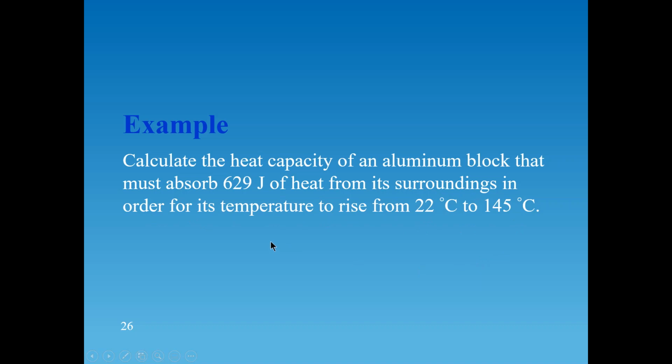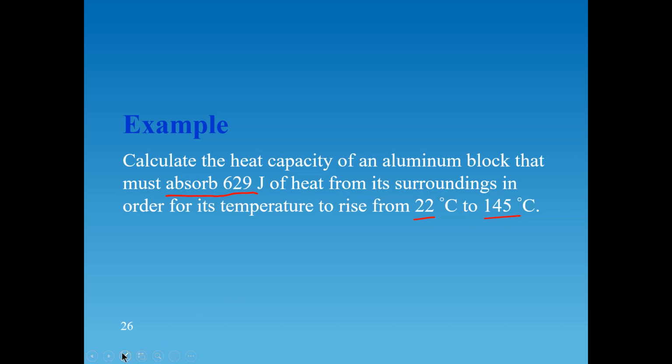As in the examples we have looked at before, you have to pay attention to how the question is worded, because the question says the aluminum block is absorbing 629 joules of heat, and the temperature change is from 22 degrees Celsius to 145 degrees Celsius, all right?